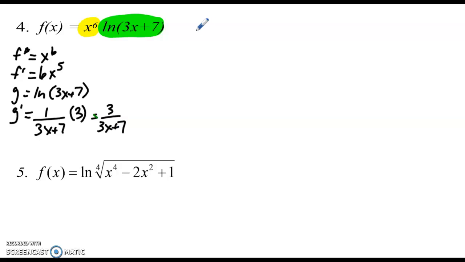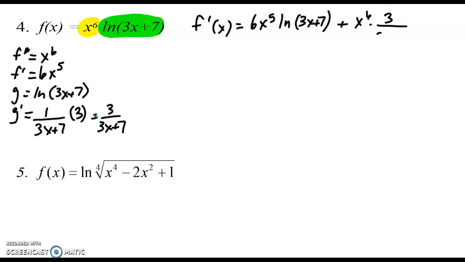Okay, so now the derivative of f, using the product rule here, is going to be the derivative of f multiplied by g plus f multiplied by the derivative of g. Now we know we like to leave our answer with a common factor factored out.